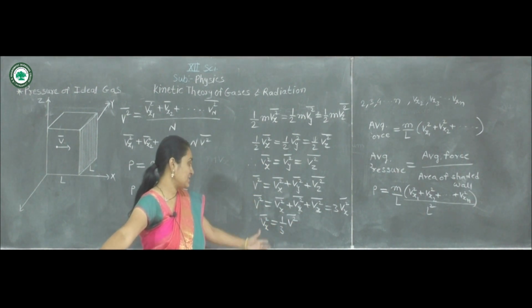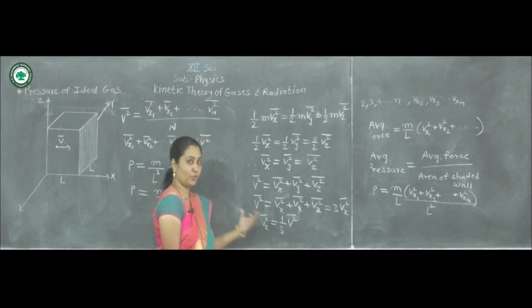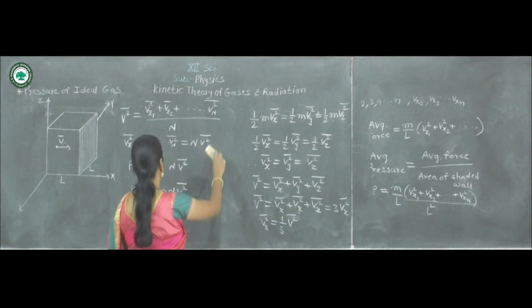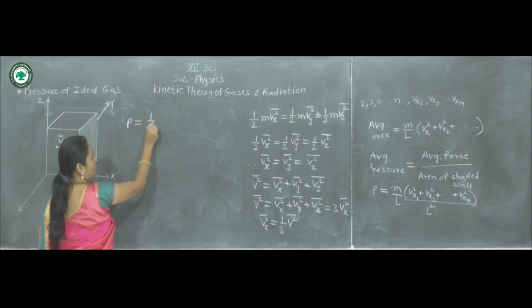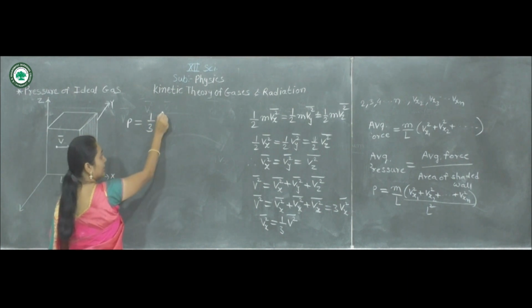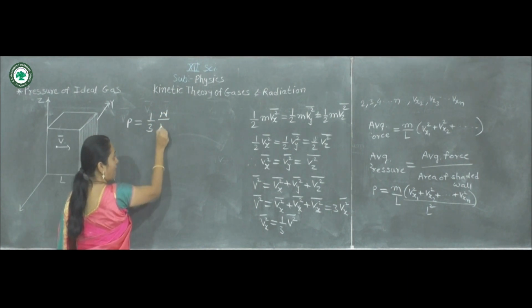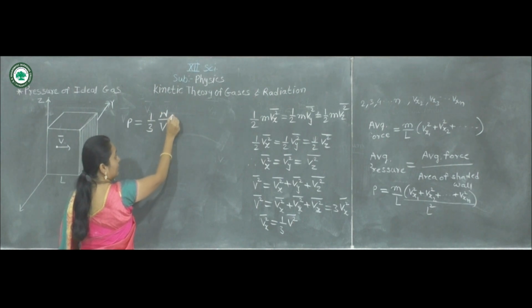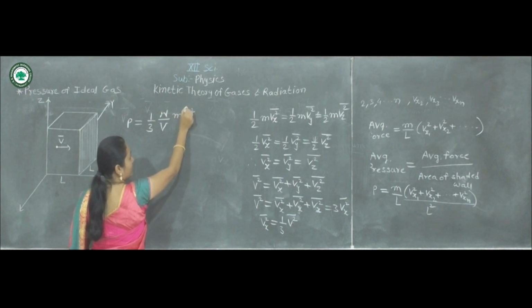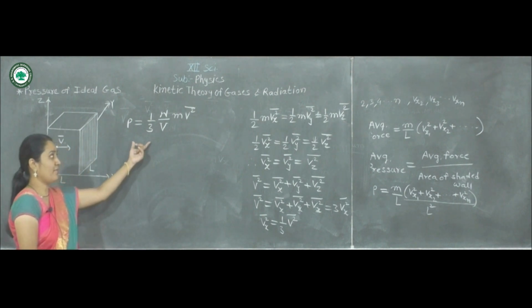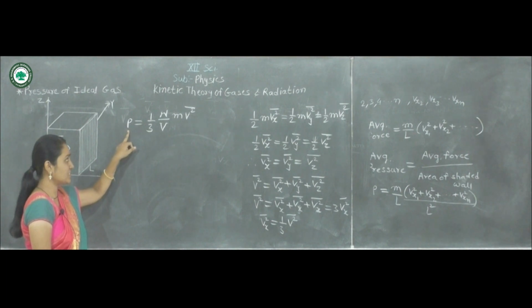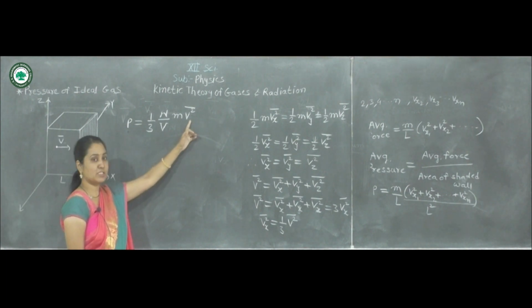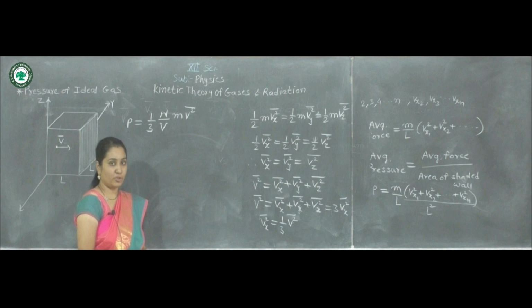So by using this value, we can write the equation of pressure as P is equal to 1 upon 3 N upon volume V into m V square bar. So this equation gives the relation between pressure P and molecular speed of the gas molecules.